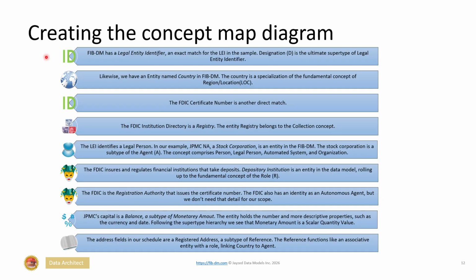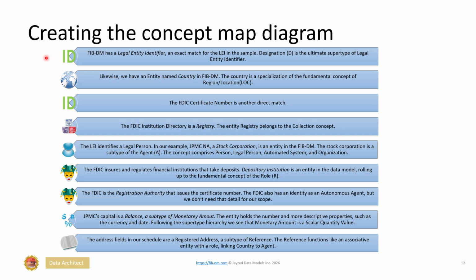Yeah, let's create the concept map diagram, and we see FIB-DM has a legal entity identifier, an exact match for the LEI, and if we look up its supertype, we see that it's a designation. And that gives us the symbol that we want for our concept map.